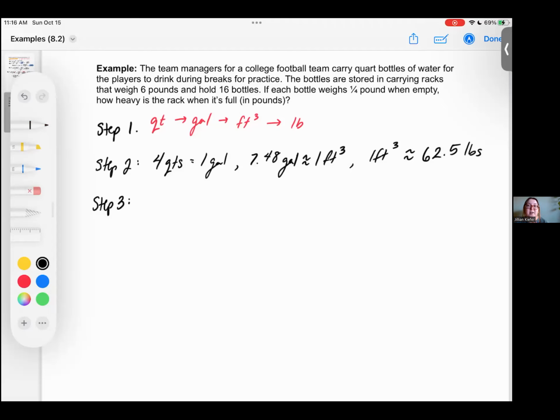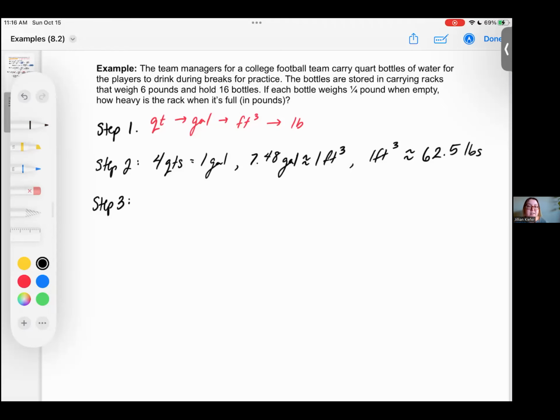So it doesn't matter which one is on the top and which one's on the bottom. It does matter when we want to cancel units. So when you're creating your ratios, you want to make sure that the units will cancel in your next ratio. That will determine which one goes in the numerator and which one goes in the denominator. So for step 3, we are starting with our quart bottles here.